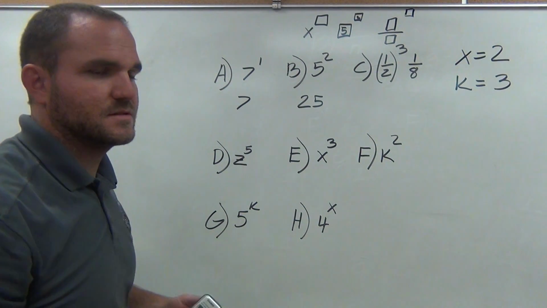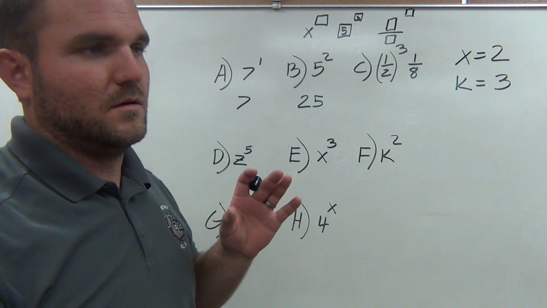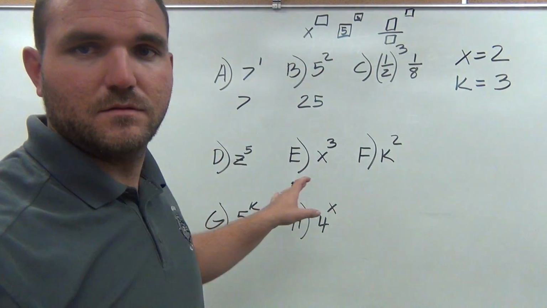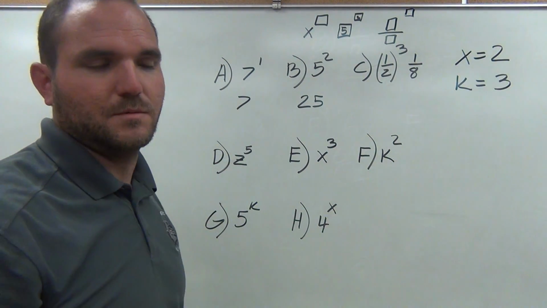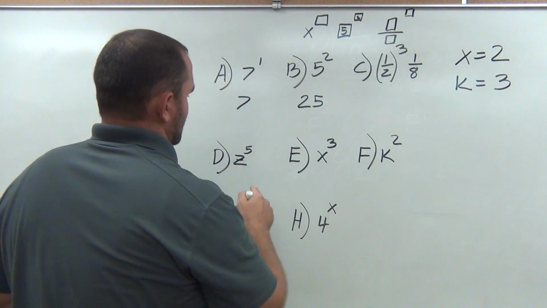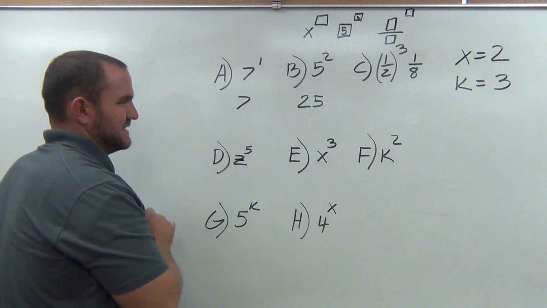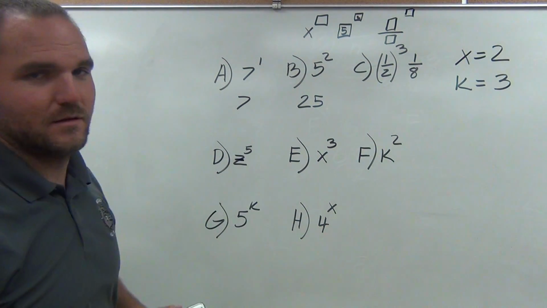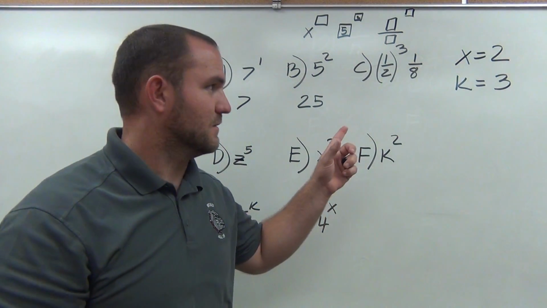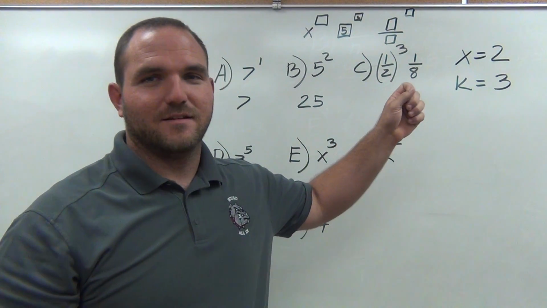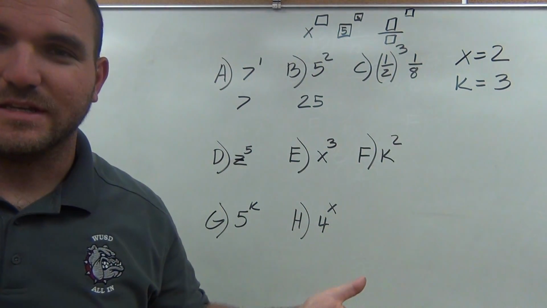So now we're going to substitute in numbers into your exponential problems. So once again, I have a z to the 5th. Now if you're looking at my video up here, you'll notice that there is no z.